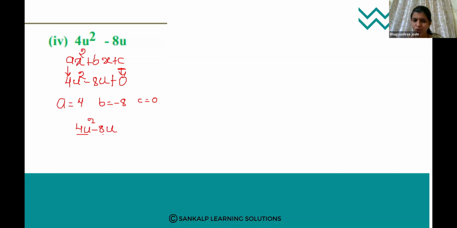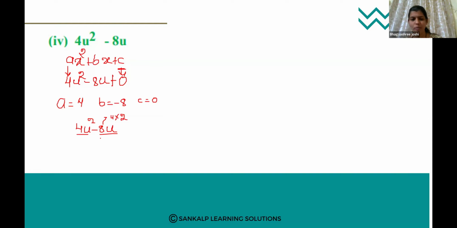So between 4u square and 8u, which term is common? Here 4 is there, here 8 is there, and 8 can be written as 4 into 2. That means I will take 4 outside. But is only 4 common? No, u is also common, because here u square is there and here u is there.